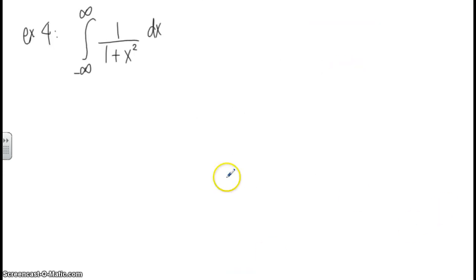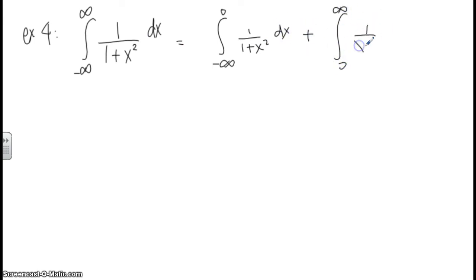Now in example 4, it looks something like this, from negative infinity up to positive infinity. In this case, you are going to do a split from negative infinity to some constant, I would just pick 0, of 1 over 1 plus x squared dx, plus 0 to infinity of 1 over 1 plus x squared dx.